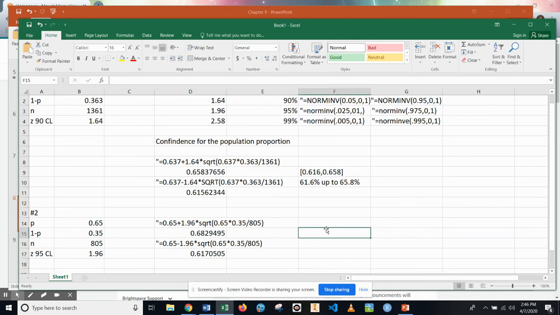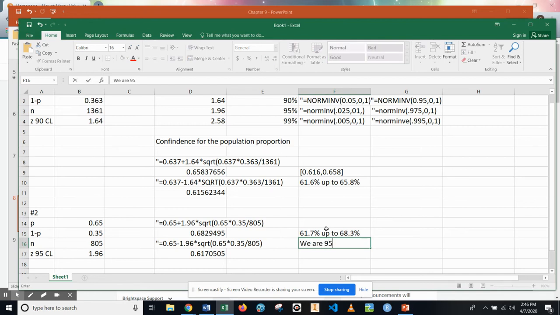So we had an interval from 61.7% up to 68.3%.